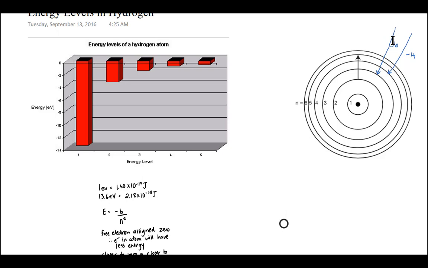You want to think about it as a magnitude that's related to the distance that the electron needed to go from being a free electron to being attached to the nucleus. So it's going to have a larger magnitude when it is closer to the nucleus, and a smaller magnitude when it is farther from the nucleus.